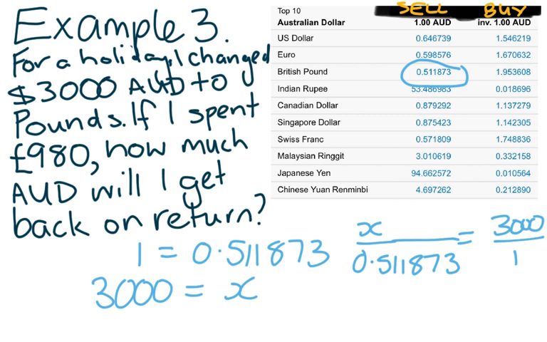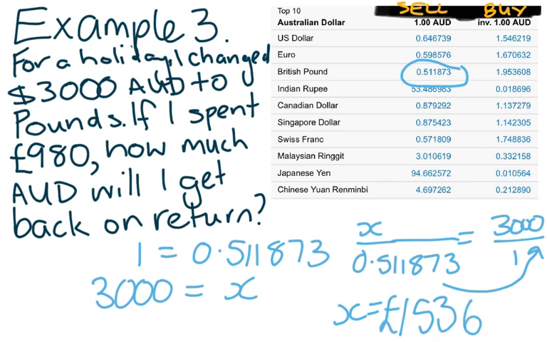If I move the exchange rate over to the other side, it just becomes a multiplication. So we do 3,000 times 0.511873, which gives us 1,536 pounds. To the nearest pound, I've rounded for that one.